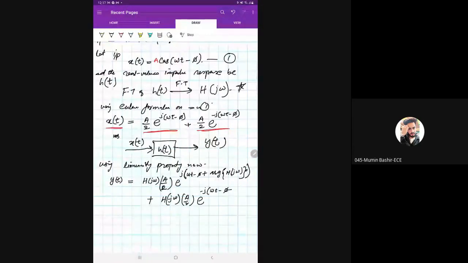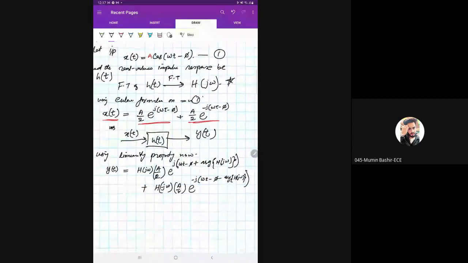Then minus argument of H of j omega, because the angle here will be negative, you have minus j here. This is the second term.